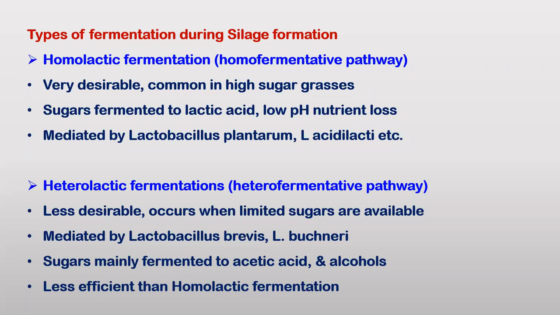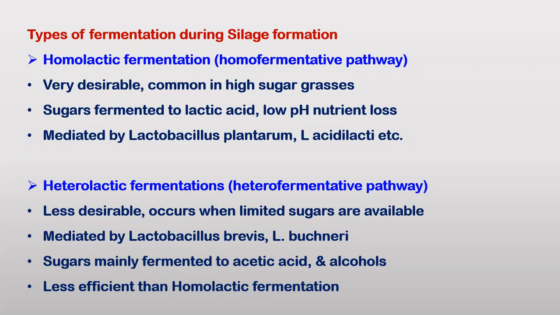So the homofermentative pathway is very much desirable, which is required for silage formation, and common in high sugar grasses like maize. Maize also contains a high amount of soluble sugar. So maize is the best suitable crop for silage making.